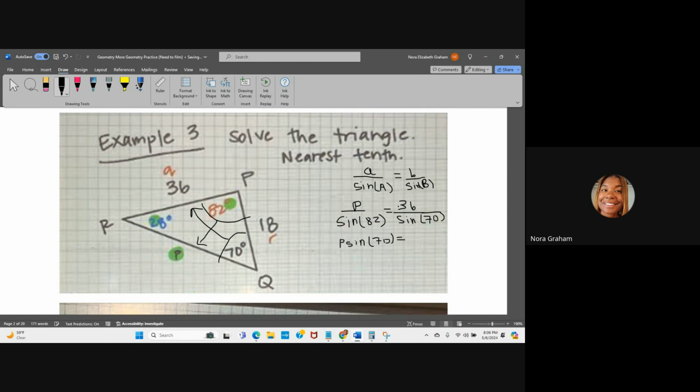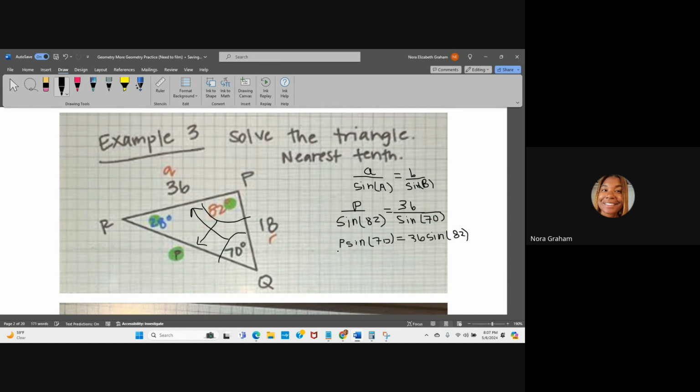And then I cross multiply again, 36 times sine of 82.